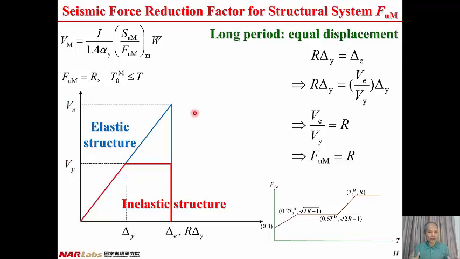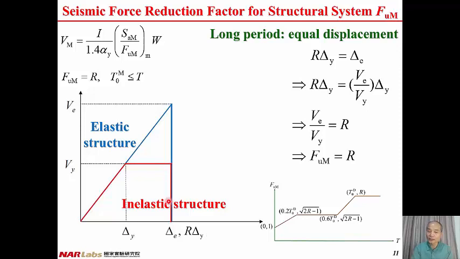That means that when the structure has to remain elastic during earthquake, then we have to use VE seismic force for the design of elastic structure. If the structures are allowed to enter into inelastic range, that means that when the displacement of structure reaches delta Y, the structure yields, then we can have less seismic force for the design of the structure.